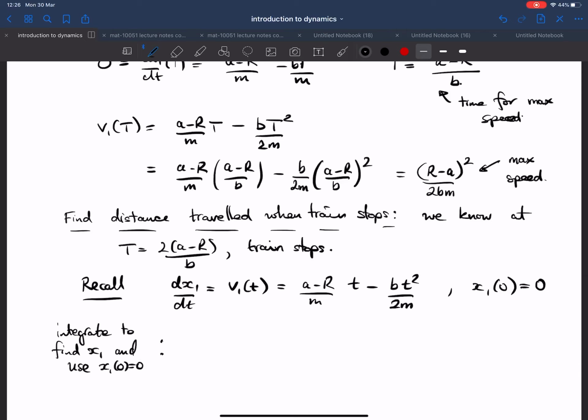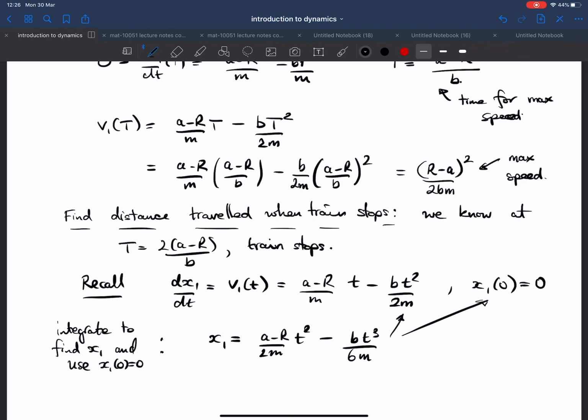These are steps we've always been applying. So x1 is then A minus R over m, t squared over 2, minus b t cubed over 6m. I'm not going to write the arbitrary constant because that constant is just killed by this. You can check by throwing this expression into here. These two conditions definitely do satisfy the correct conditions imposed on them.